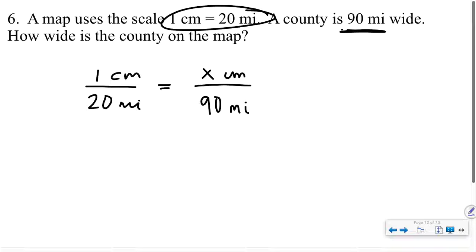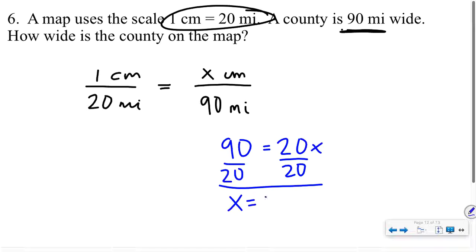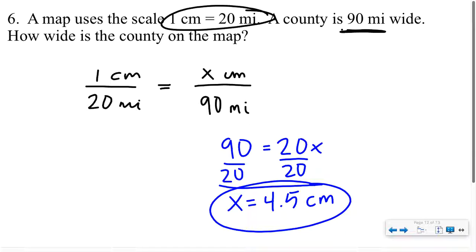Cross multiply this. 90 times 1 would give me 90. 20 times x is 20x. Divide both sides by 20. And then you should get 4.5 centimeters. Like I said, I know some of these you can do in your head, but show me the proportion because you won't always be able to do it in your head.